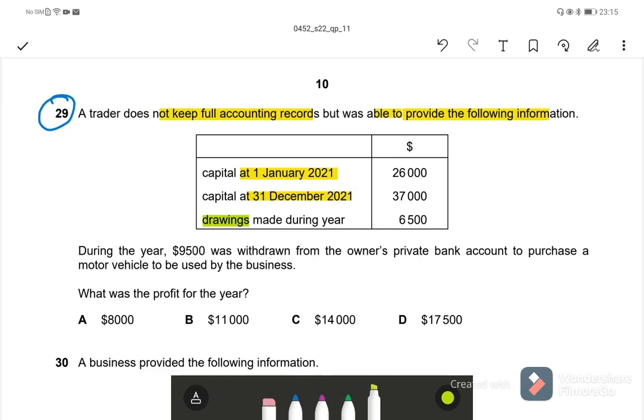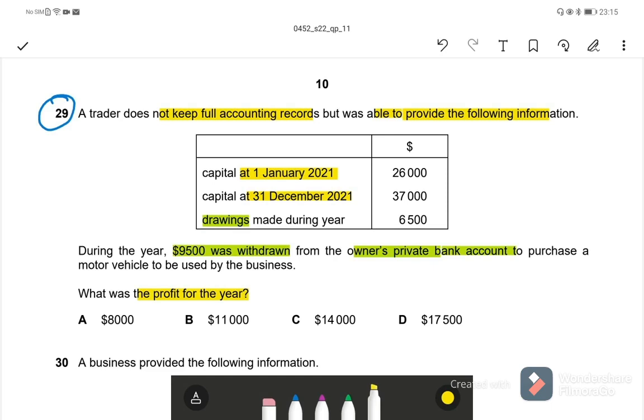During the year, 9,500 was withdrawn from owner's private bank. So the owner invested an extra amount, additional capital, to purchase a motor vehicle to be used by the business. It means the owner paid from his private bank. It means additional capital. What is the question? What was the profit for the year?